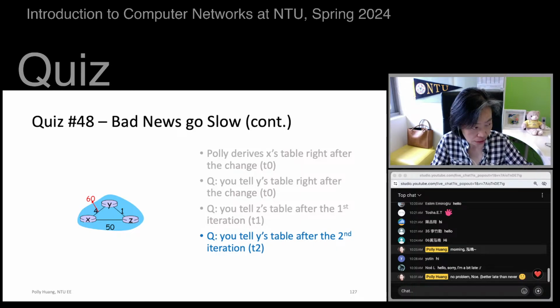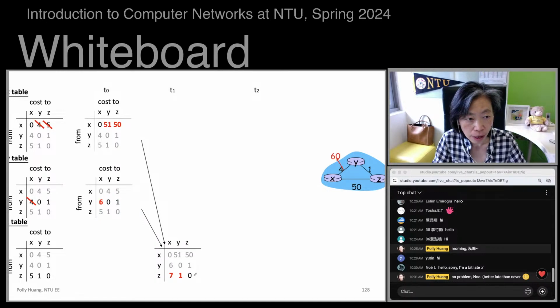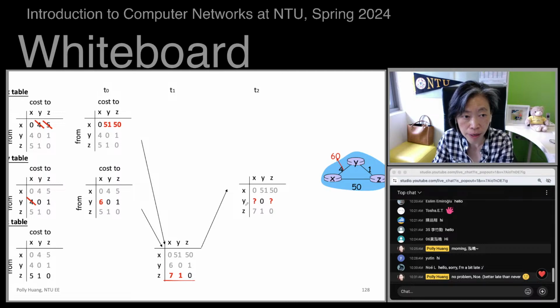That is equivalent to saying this: after we recalculate z's table at T1, then we can go on and calculate y's table at T2, and know that the x vector should be the new x vector here, and the z vector should be the new z vector here. So let's go on and calculate y.